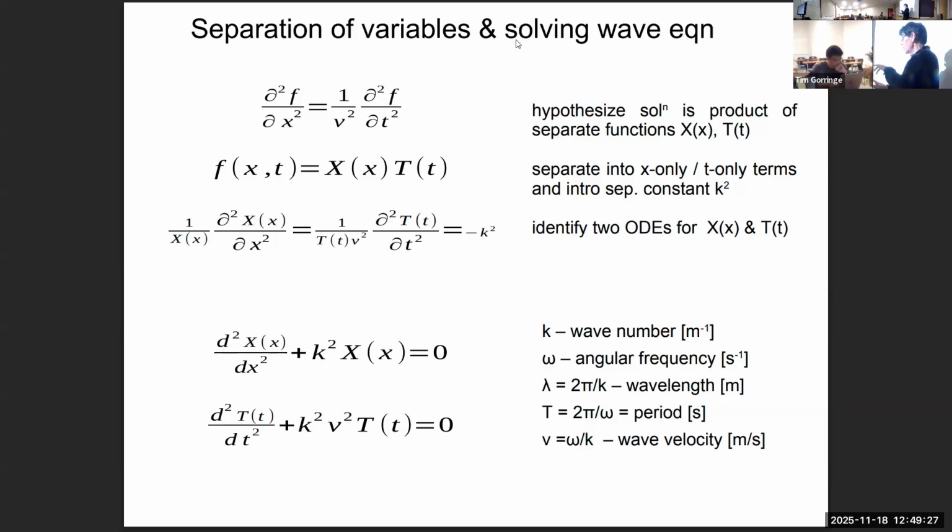Uppercase T is a function of time, but this combination of uppercase T and its second order differential must be independent of time, so we can write this constant. And that's what allows us to break the one partial differential equation into two ordinary differential equations. So these two familiar equations.